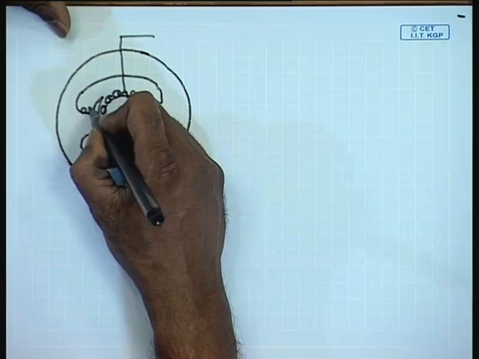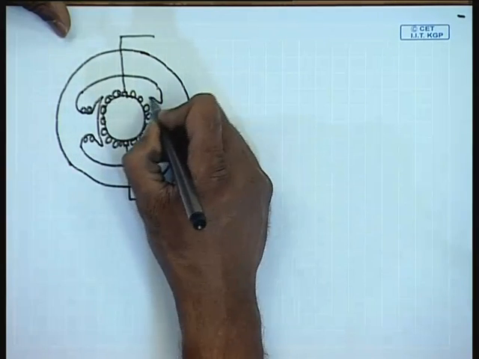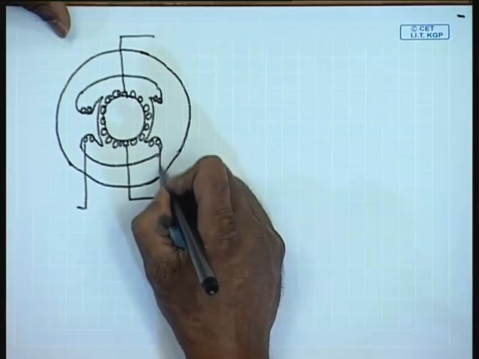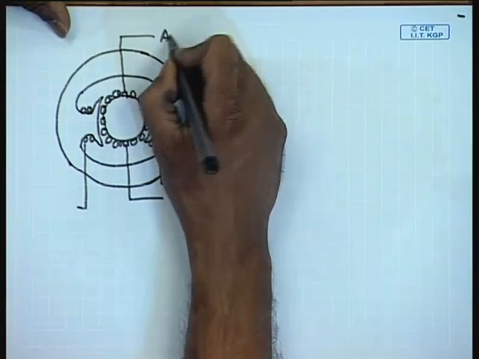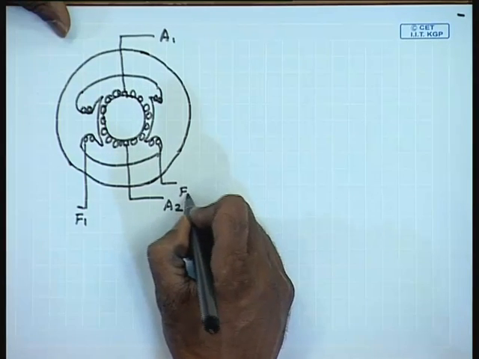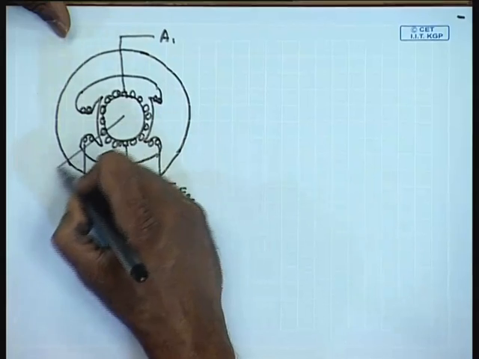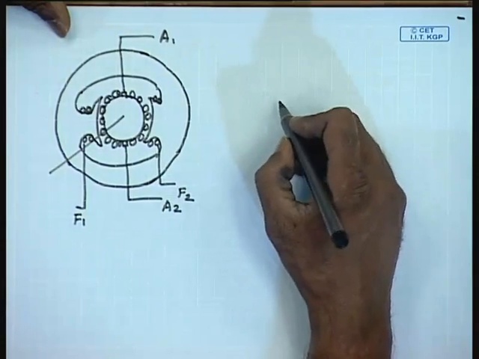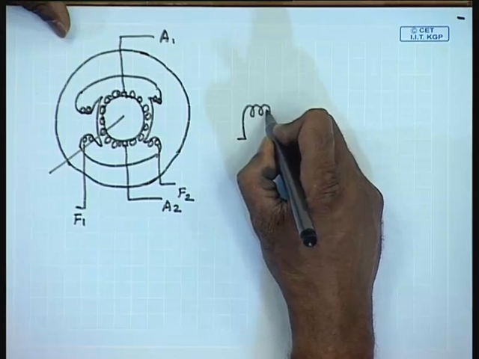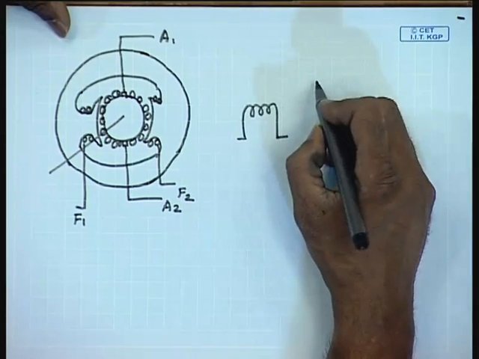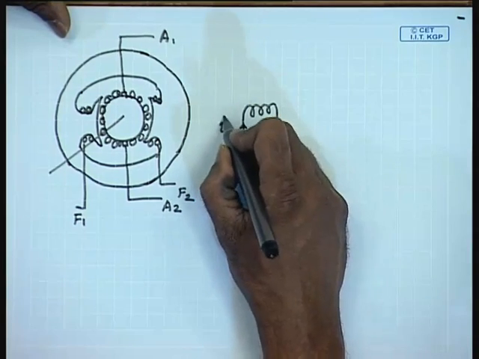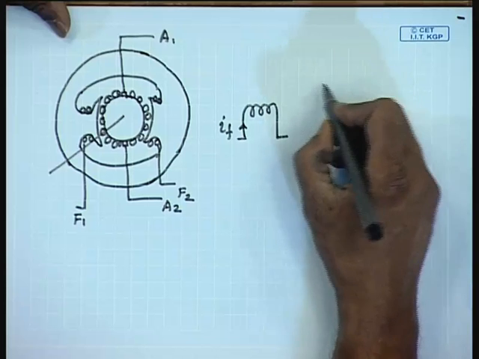You also have field winding. These are the field terminals. Schematically, this is the shaft. It can be represented as a field winding, with the current IF, and the armature winding.